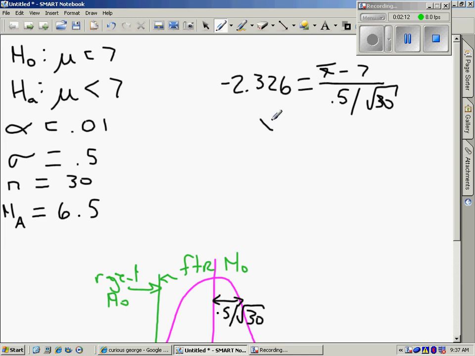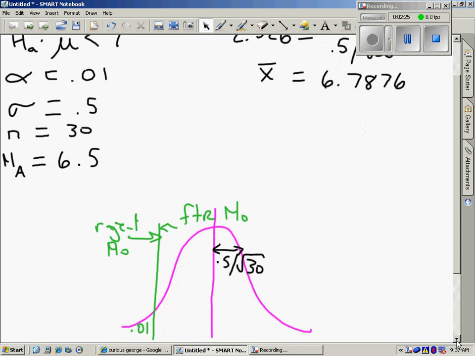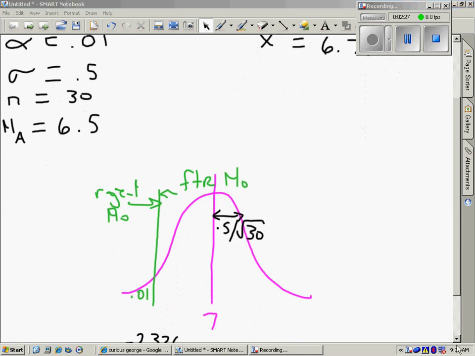When you solve that out, you get 6.7876. So that is my cutoff point in terms of x. So my rejection region in terms of x is getting an x bar less than 6.788.